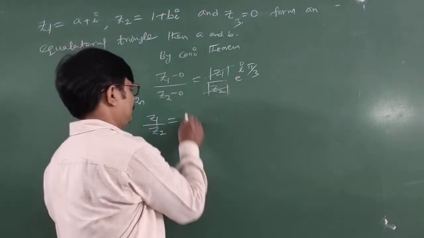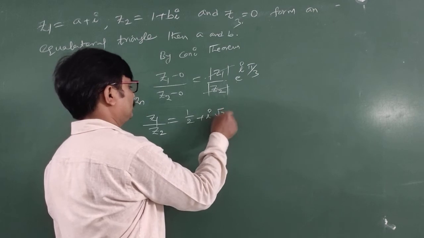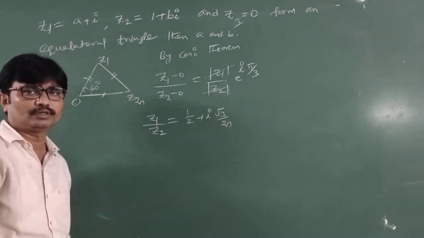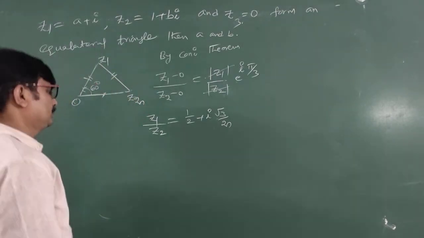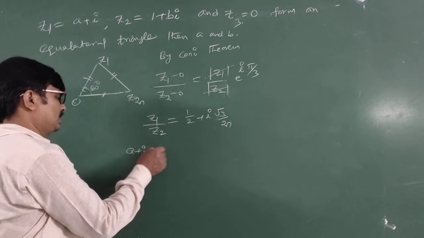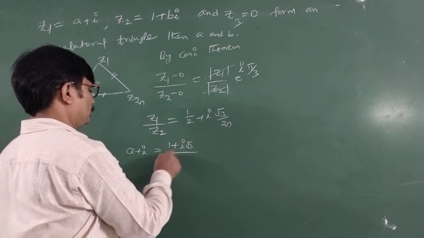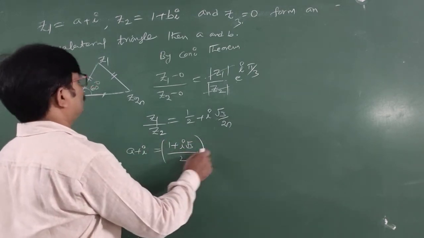Therefore cos 60 is 1 by 2, and sin 60 is root 3 by 2. So students, Z1 is a plus i, equal to (1 plus i root 3 by 2) times Z2.